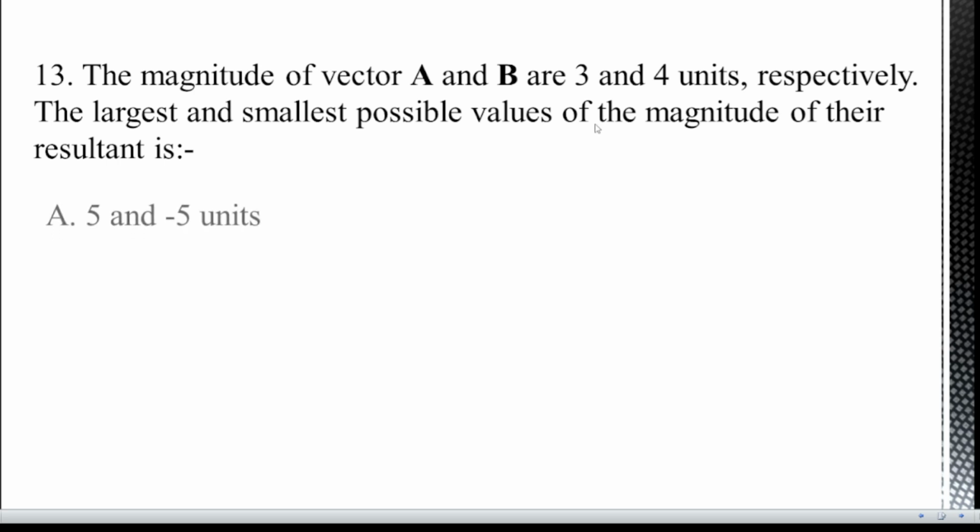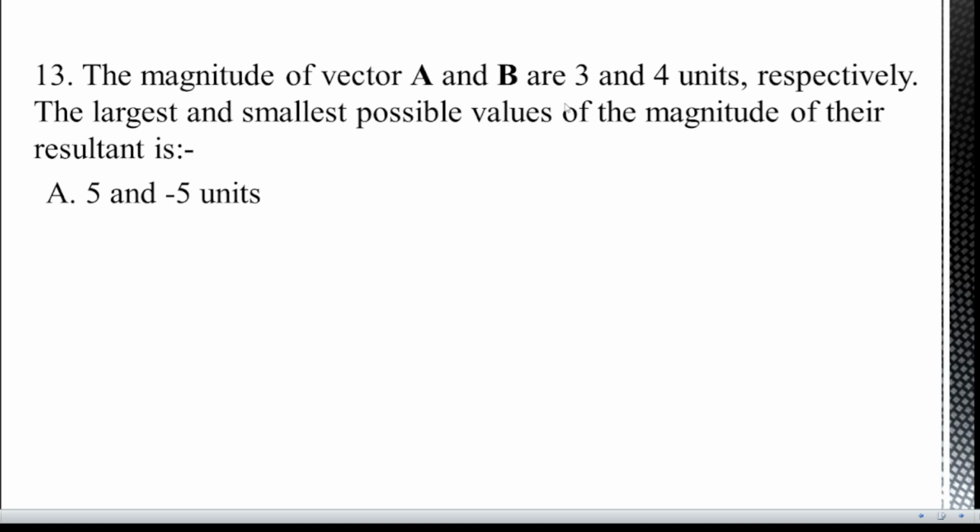Great. Look, 5 and negative 5 units says now, as I said, to be the maximum or largest value, they should be parallel to each other. If the two vectors are parallel and the angle between them is 0, we just sum: 3 plus 4 becomes 7 units, but not 5 units. And if they are antiparallel, with the angle between them 180 degrees, one is to the right and one to the left.